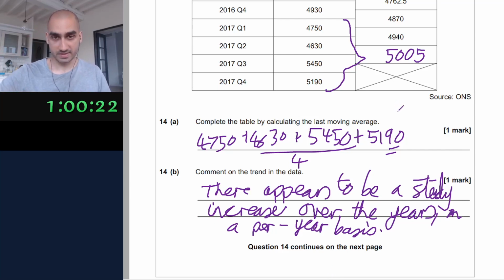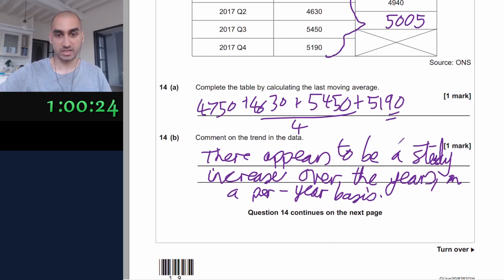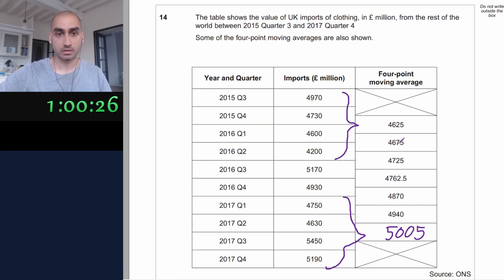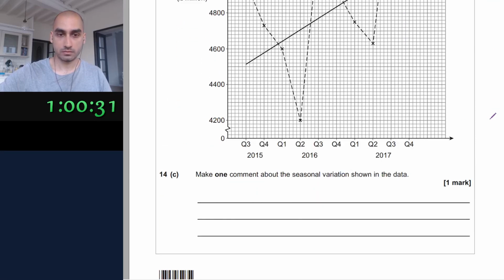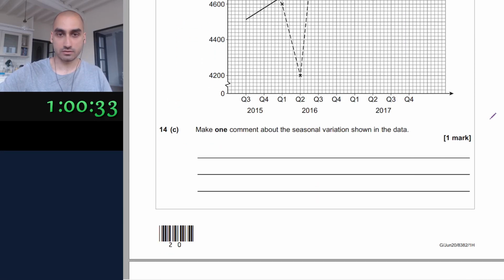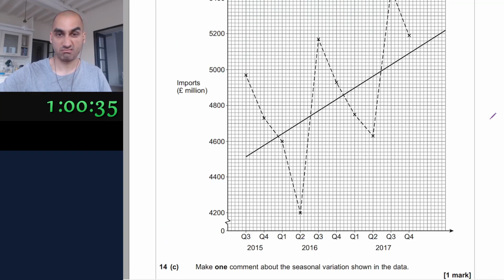But if we consider a year as one fixed time period, yeah. All right. Make one comment about the seasonal variation shown in the data.